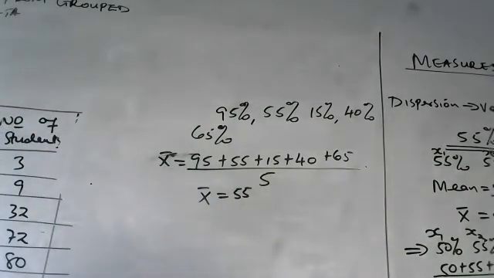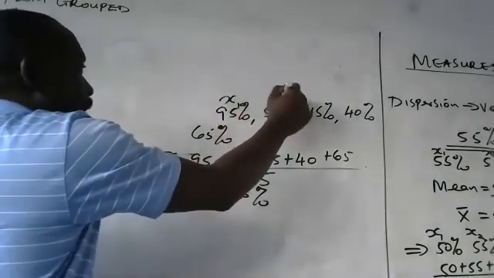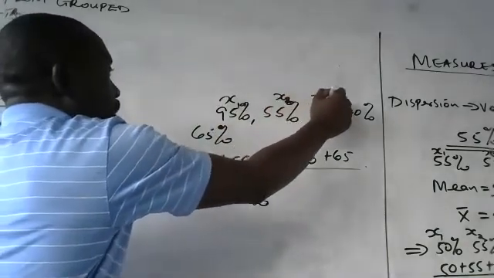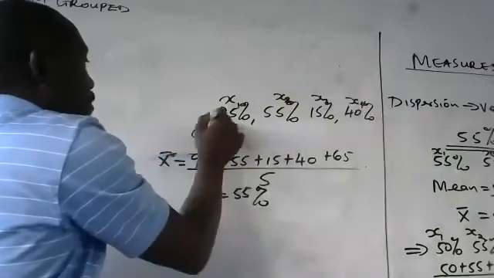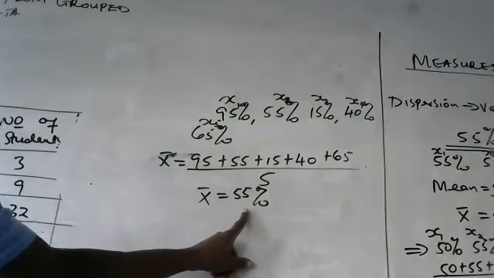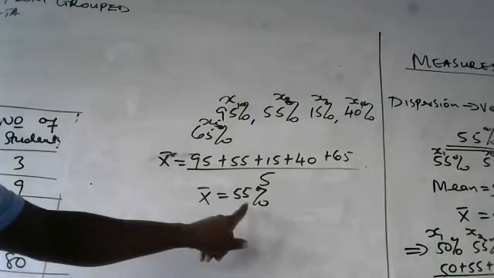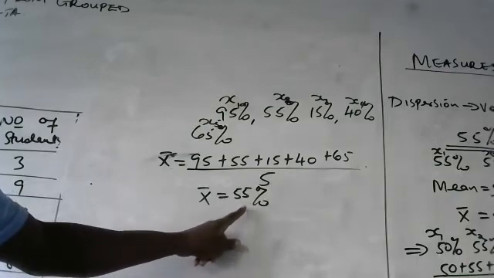If the x bar, the mean, is 55%, and you compare it with each value, you'll find that this particular mean is not actually portraying the real picture. There is a lot of lies here.